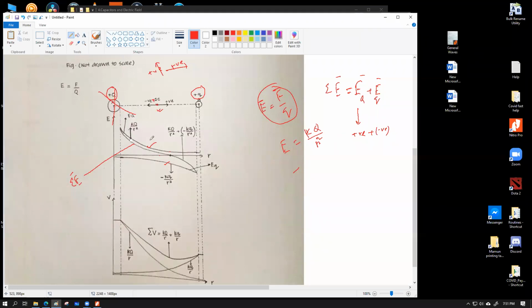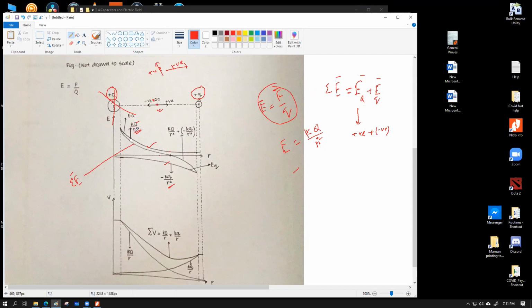So this point should be slightly closer to the smaller charge, because in this ratio, this is bigger and this is smaller. And one more thing you also have to understand is that both of these do not represent the same thing. These are the R from the equation.